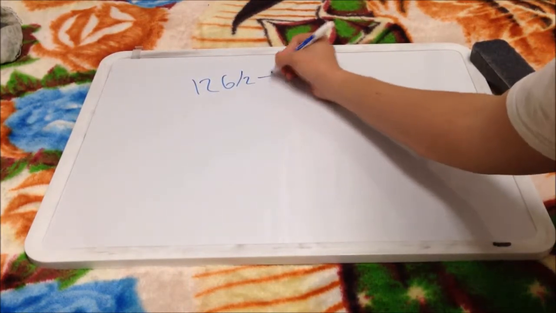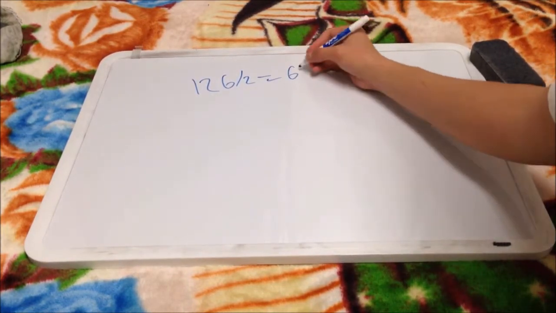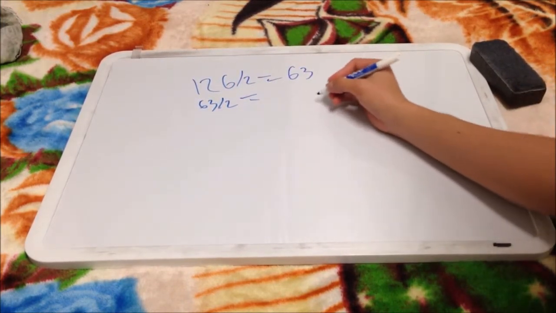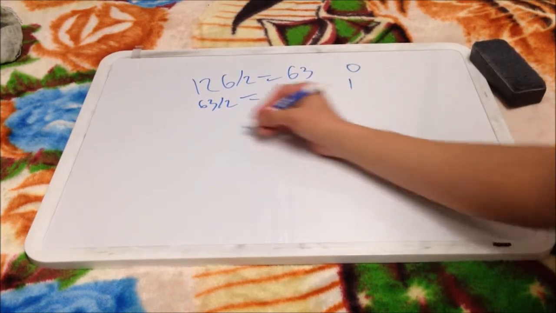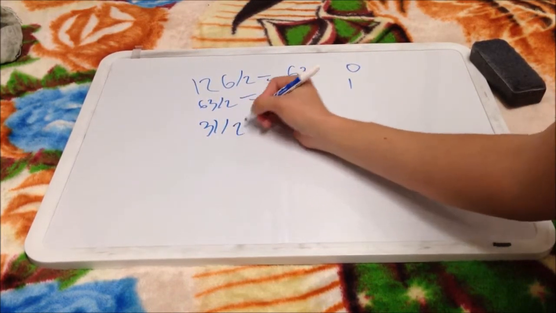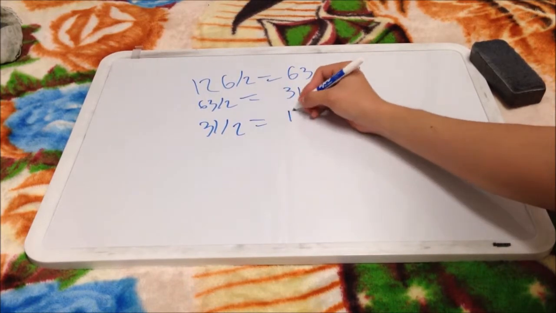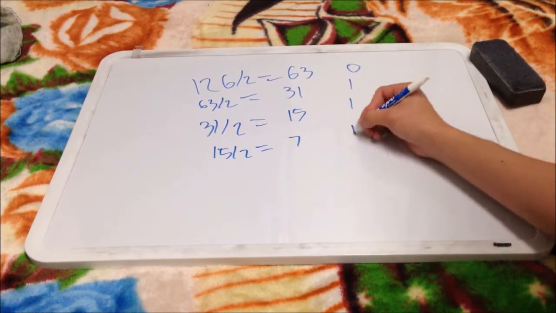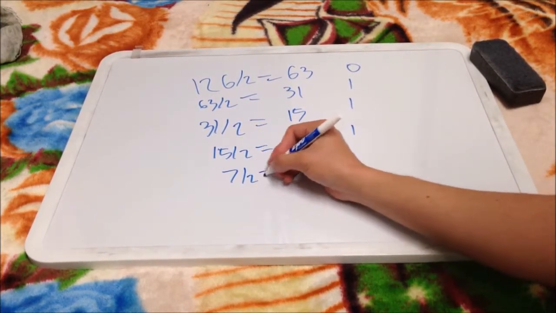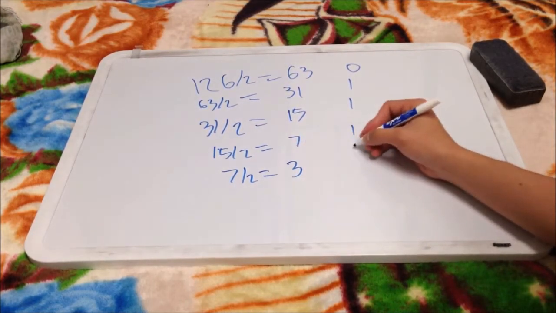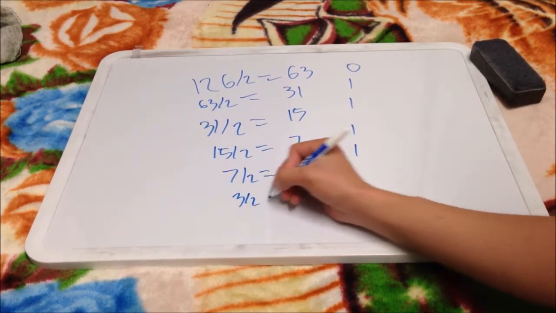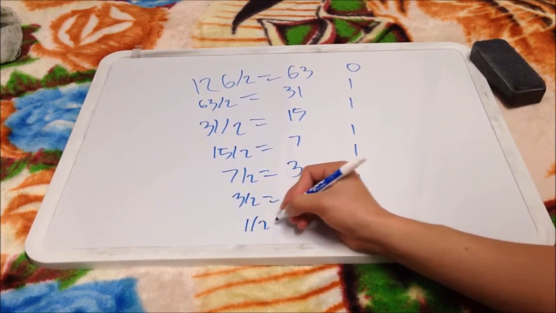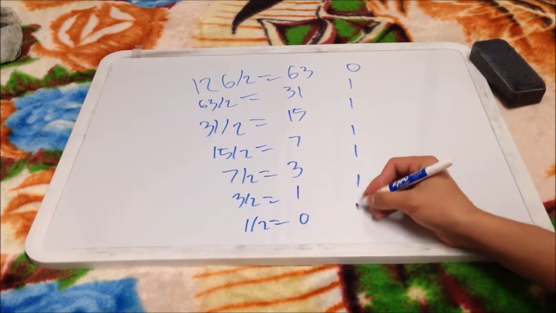Let's divide that by 2, and that's going to give us 63, remainder of 0. 63 divided by 2 is going to be equal to 31, remainder of 1. 31 divided by 2 is going to give us 15 with a remainder of 1. 15 divided by 2 is going to give us 7 with the remainder of 1. 7 divided by 2 is going to be equal to 3 with a remainder of 1. 3 divided by 2 is going to be equal to 1 with a remainder of 1. And 1 divided by 2 is going to be equal to 0 with a remainder of 1.